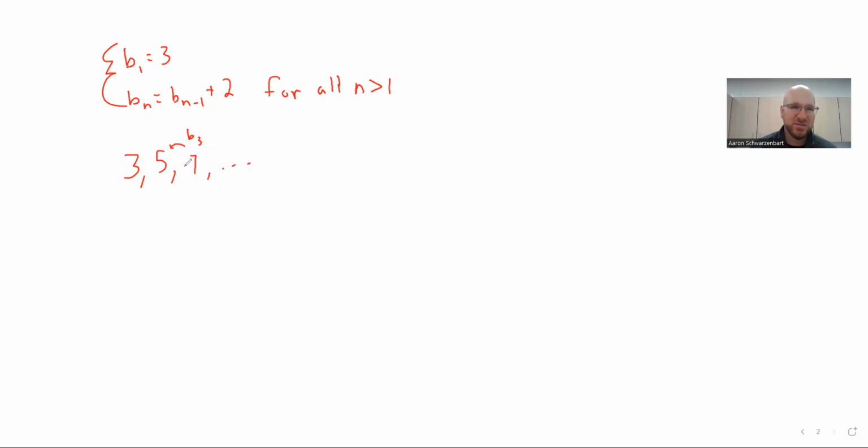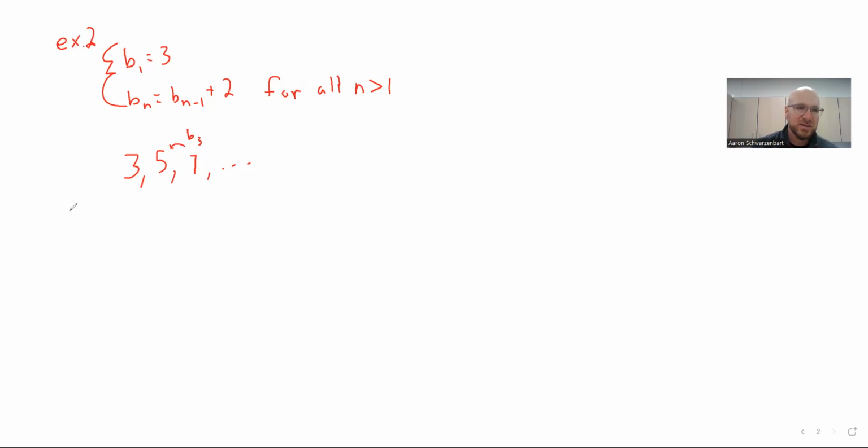Which isn't that hard. I'm just counting by 2s. So I could do 99 times 2 plus 3 to get b sub 99. Does that make sense? We have this sequence that's built off of knowing the previous term. So this is example 2.